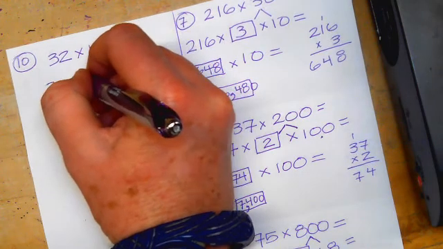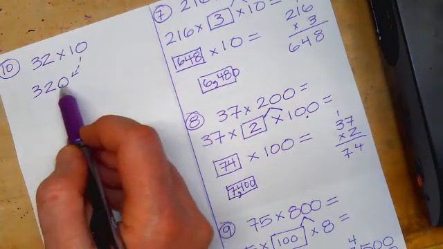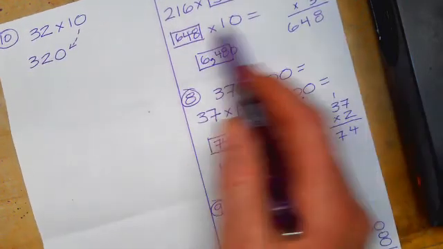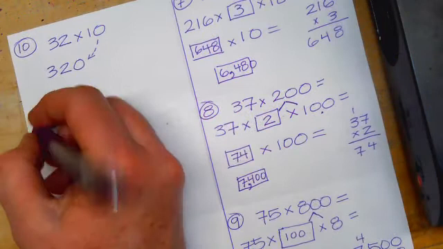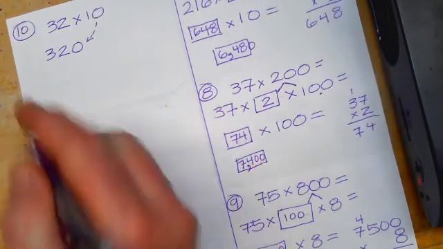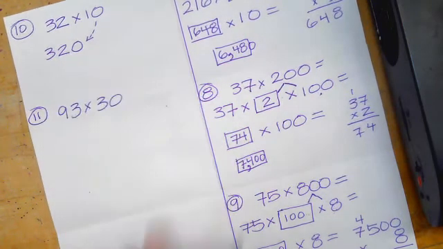So I can say that this is the same thing as 32 times 10, which is going to be 320. The 0 comes down here, and I end up with 320, right? That one was pretty easy. It was different from these because we're already multiplying by 10 on these.